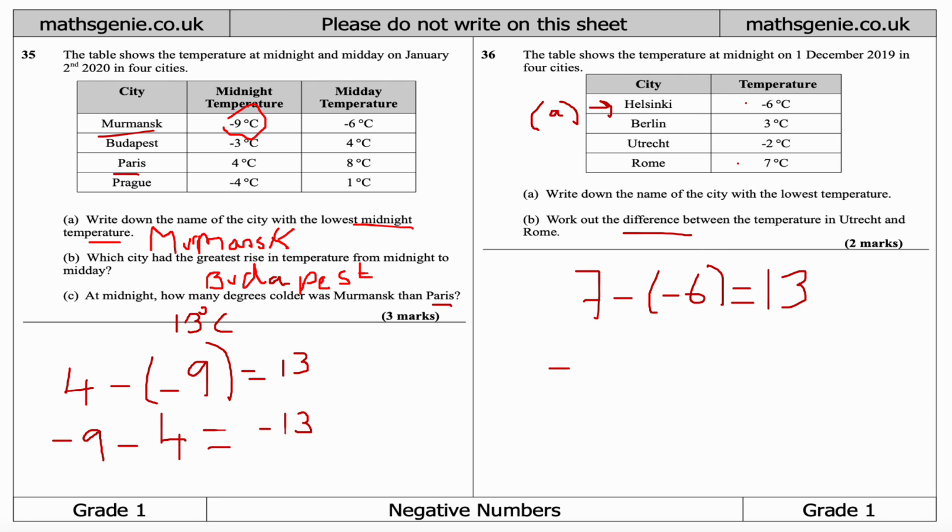I could do -6 take away 7, however the word difference means that we are disregarding the minus sign, so that's why I go with the top one. But if the second one makes sense to you, then that's fine, but remember that the word difference needs to be a positive number.